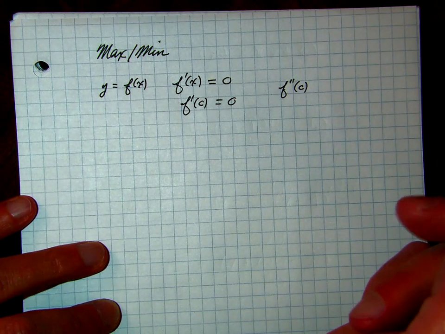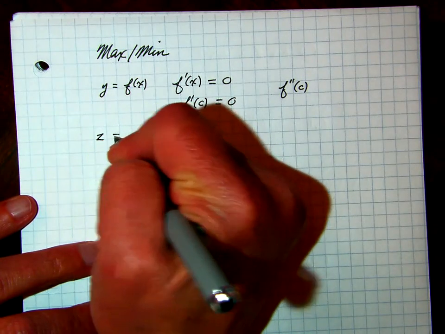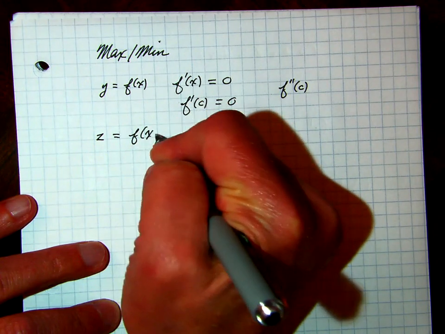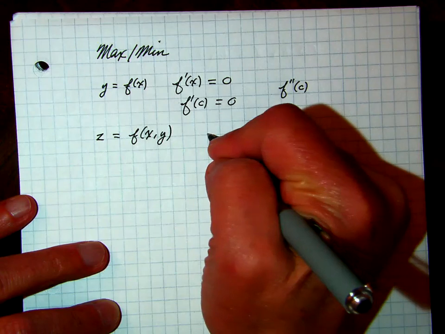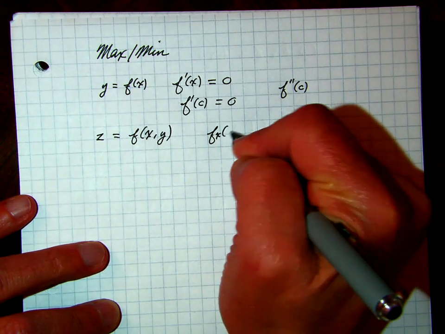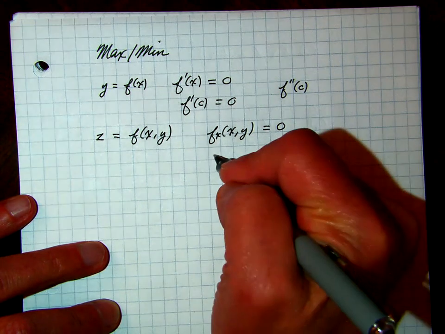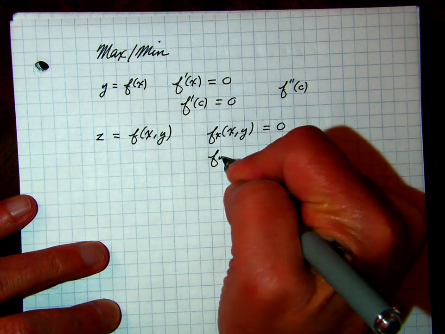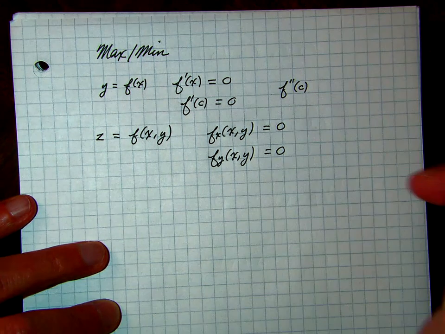What if you have something slightly more complicated? Suppose you have a function of two variables. Well, it's going to turn out that this time we're going to take fx of xy and set it equal to 0. We're going to take fy of xy and set it equal to 0.